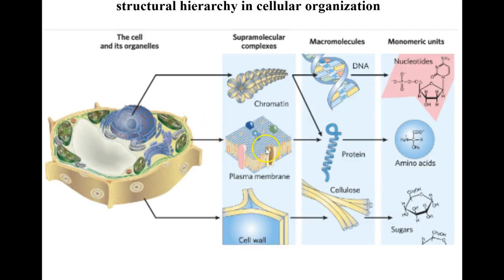The plasma membrane is made up of proteins, and proteins are made up of amino acids. Then you have the genetic makeup, the nucleus, which contains supramolecular complexes made up of both DNA and protein, and DNA itself is made up of nucleotides.